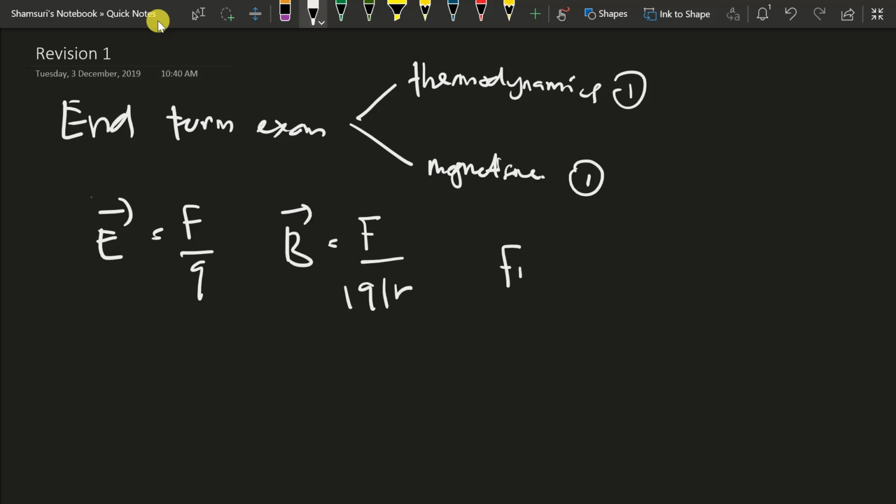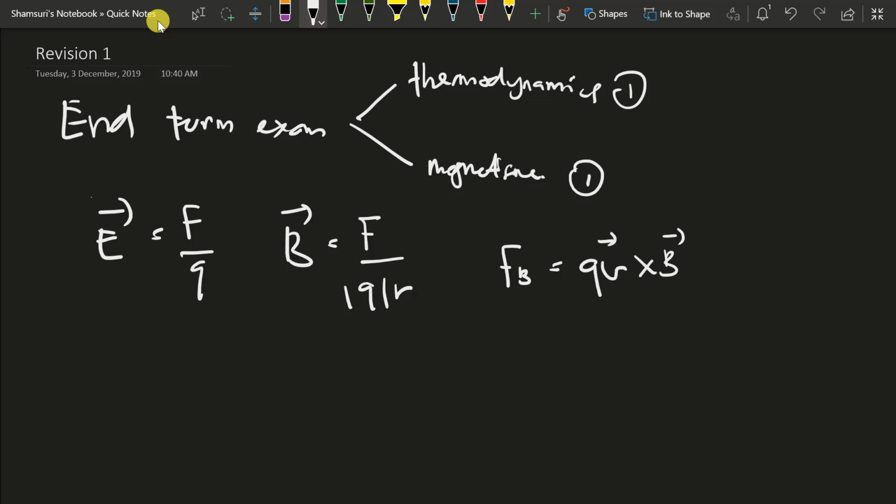You can also mention that force is equal to charge times velocity cross B, where this is a cross product. This one we have gone through before.